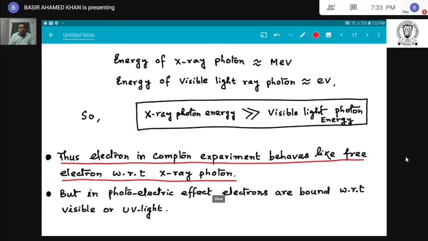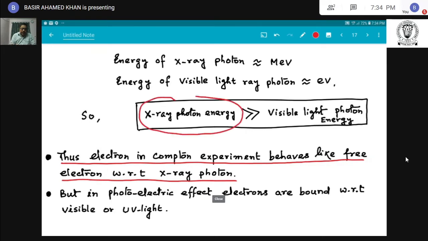Actually no electrons are free, but with respect to X-ray photon the electron in a metal is free, because the bound energy is of the order of some electron volt.